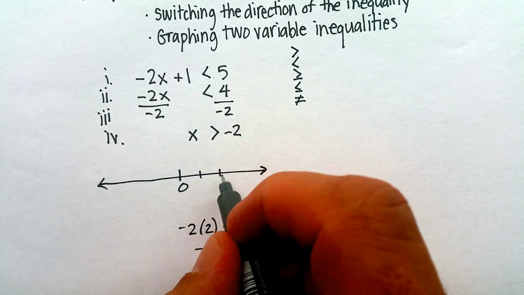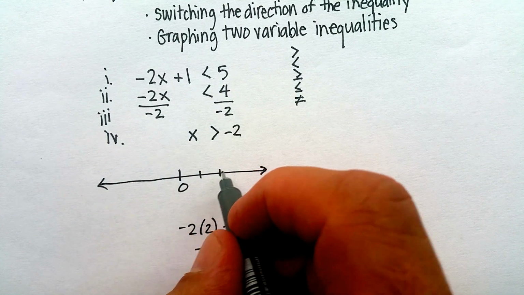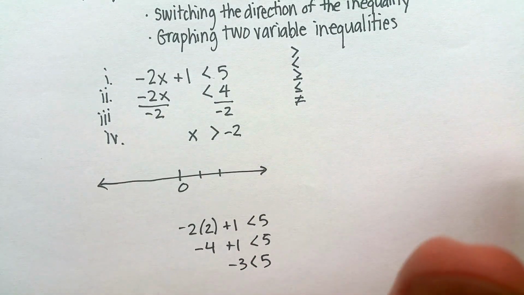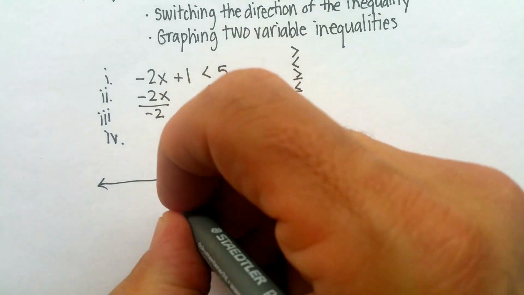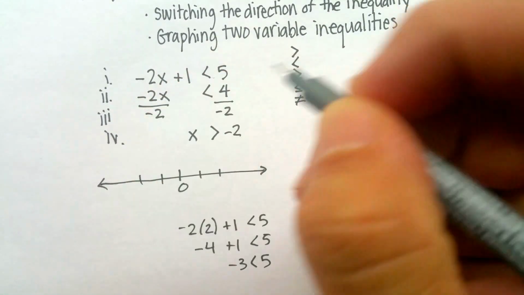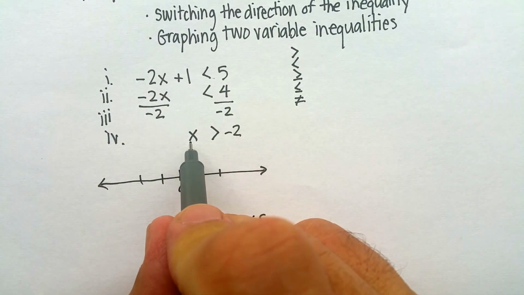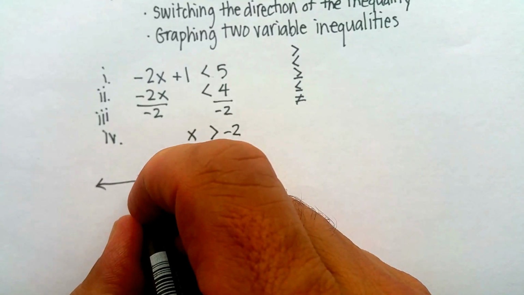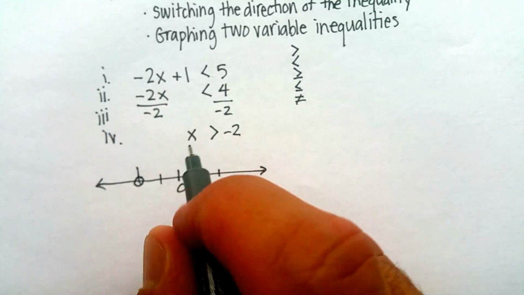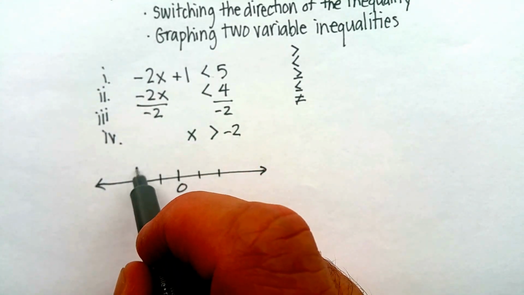So it looks like everything from 2 on up should work, okay? Now let me just go down this direction. However, this says everything greater than -2 should work. And remember, I'm supposed to follow the arrow here.